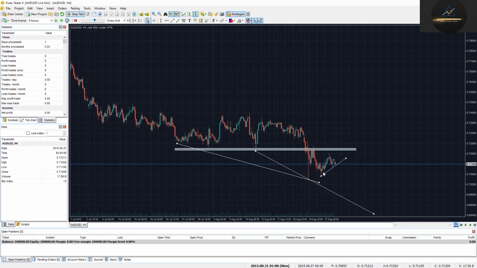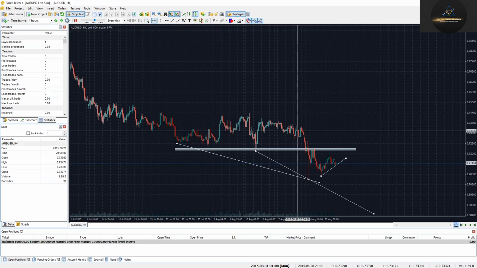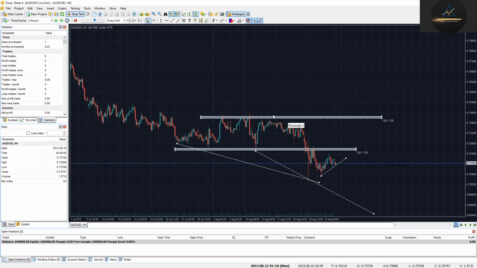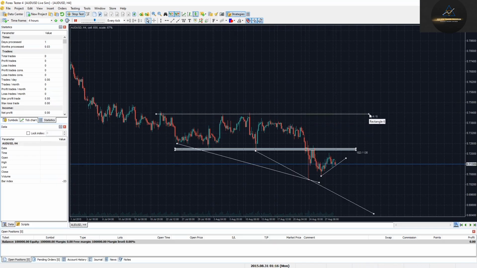Should this high be taken out, then we could potentially be looking for a move higher. I'll probably look for shorts once these equal highs have been taken out.